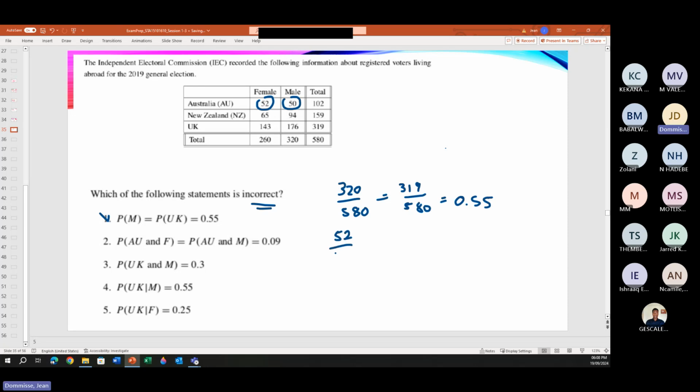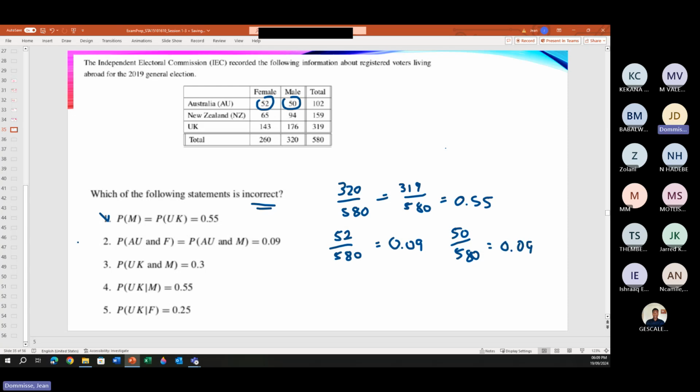So if I round it off to 2 decimals like they do, 52 divided by 580 is 0.09. 50 divided by 580, again, remember only 2 decimals, is also equal to 0.09.